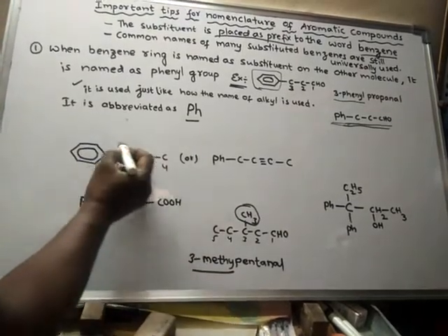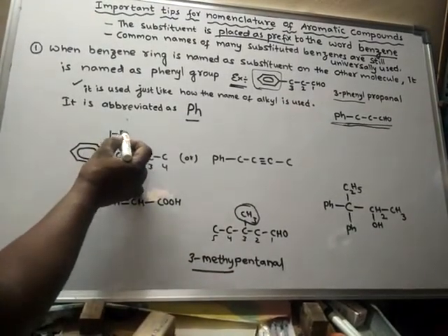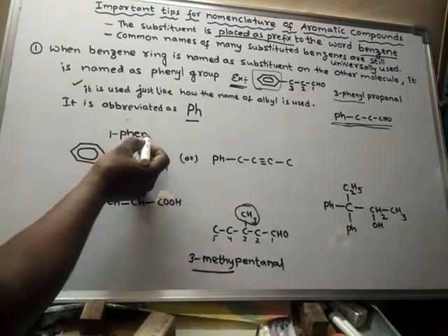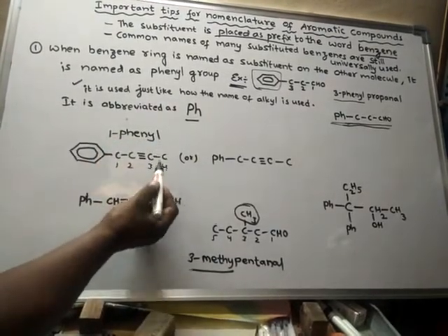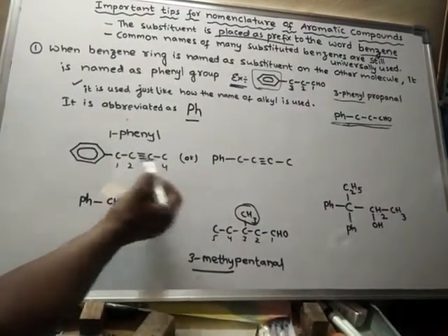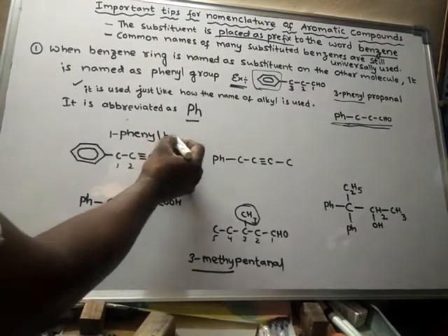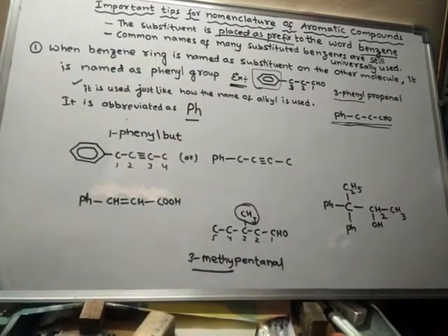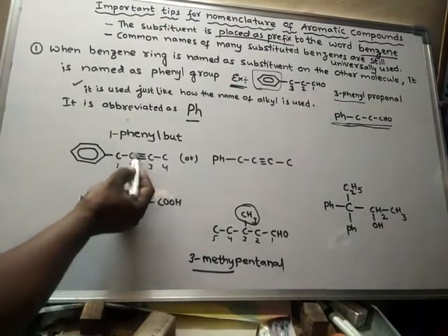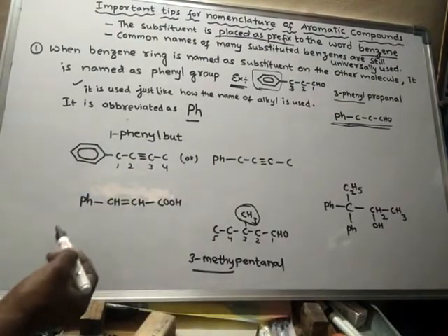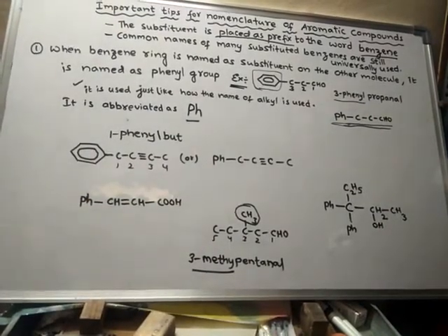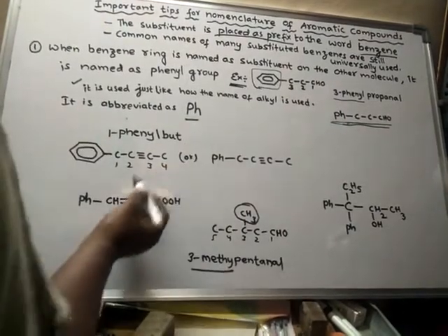1-phenyl. So what is the parent chain? What is the root word? 4 means but. It is ine, alkyne. So when a triple bond is there, we have to mention it as ine. But on which carbon?